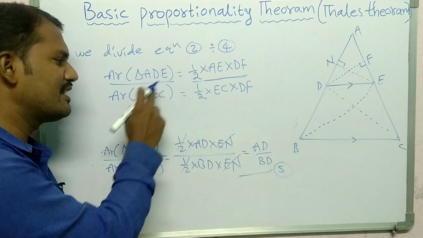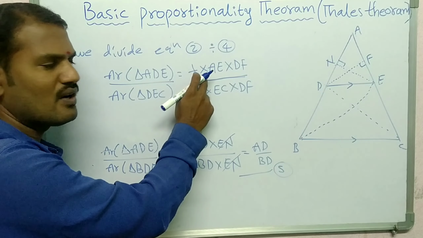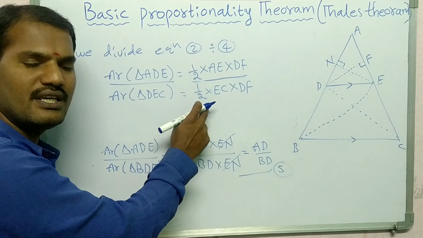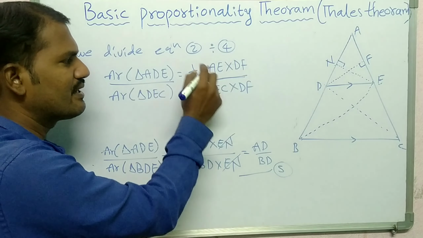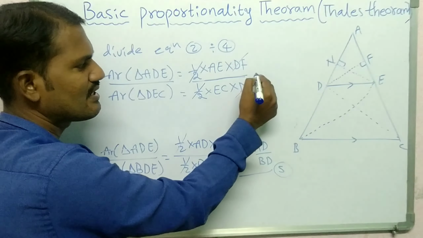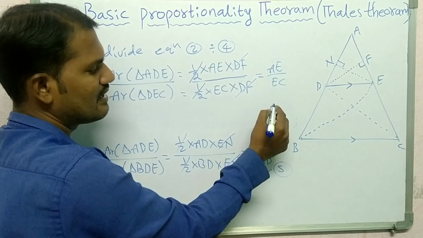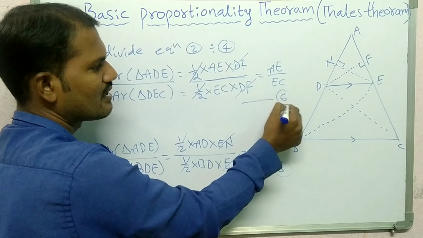Area of triangle ADE by area of triangle DEC means half of AE into DF by half of EC into DF. Here half cancels and DF cancels, equals AE by EC, and this is equation number 6.